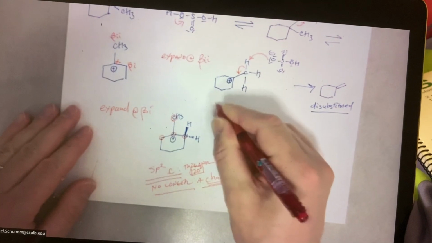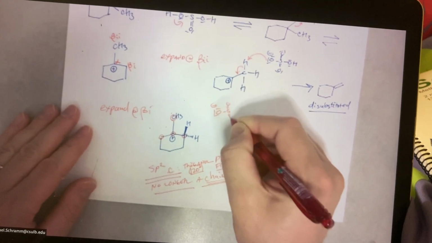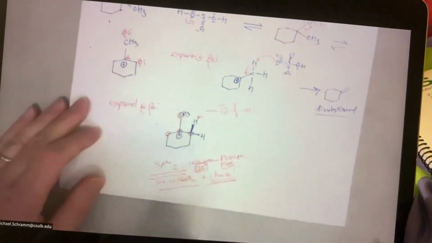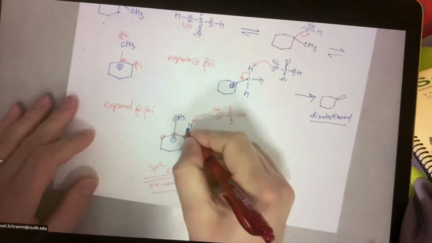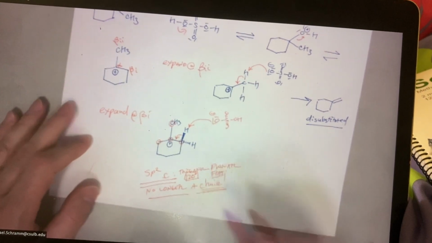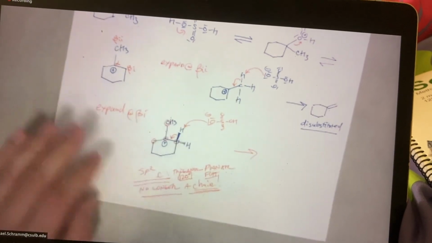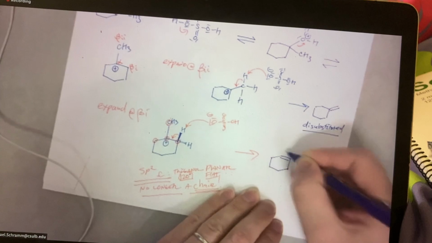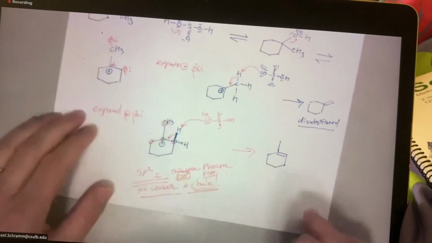It's not a chair. We can draw a three-dimensional picture of it, for sure, but this is not a chair. And so, point of all this is, we don't need to draw it in a chair. This hydrogen will overlap with the empty p orbital, and this will give rise to a tri-substituted product, which maybe some of you had already anticipated early on looking at this problem.